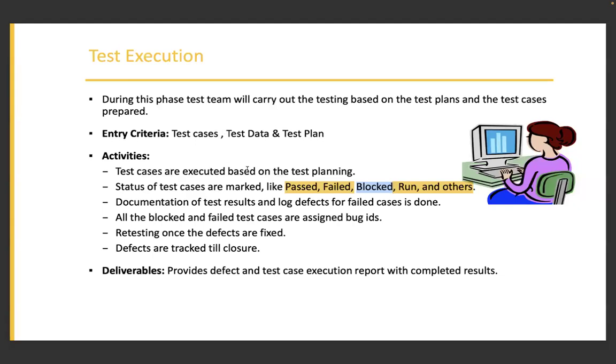And please remember, we will raise defects for the failed test cases, and you will keep on tracking those defects, those issues, until those defects are closed. It is verified and deployed on the QA environment, and it has been closed, guys. Till that time, you will keep on checking the status.